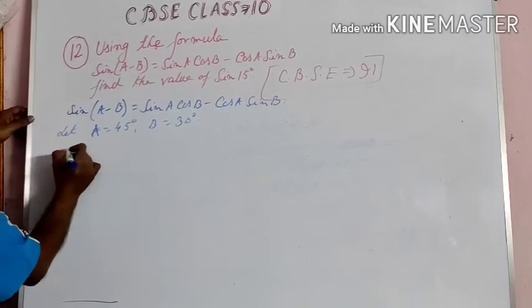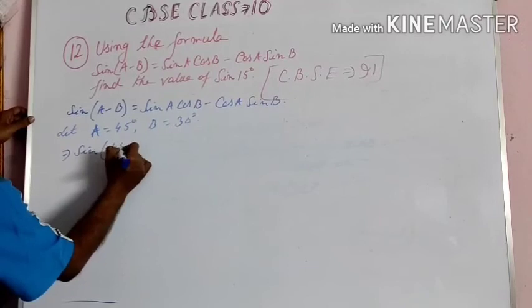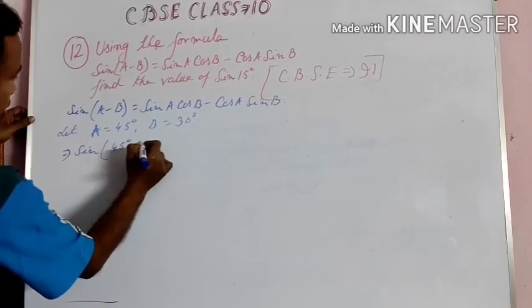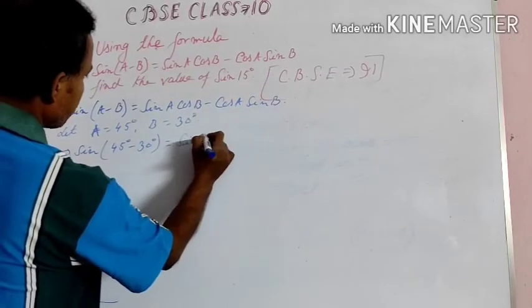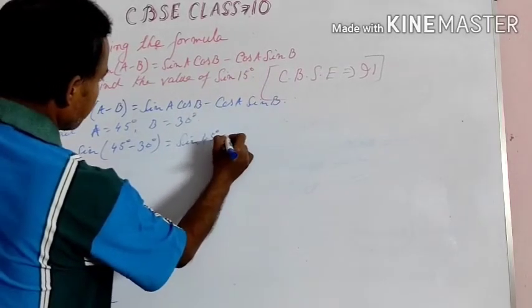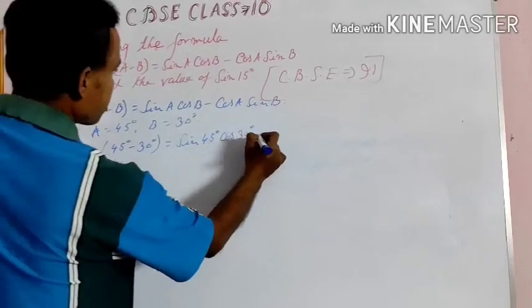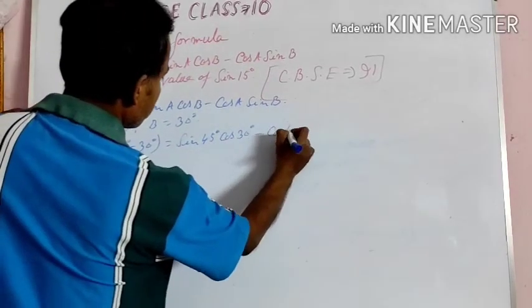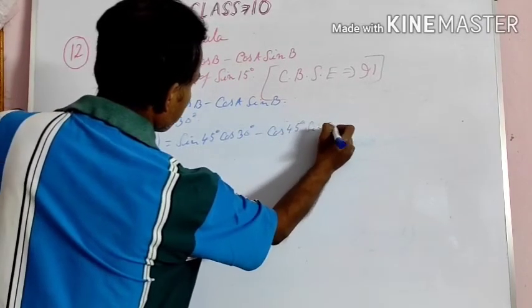So put the values here, sin (a means 45 degree minus b means 30 degree) is equal to sin a means 45 degree, cos b means cos 30 degree, minus cos a means 45 degree, sin b means sin 30 degree.